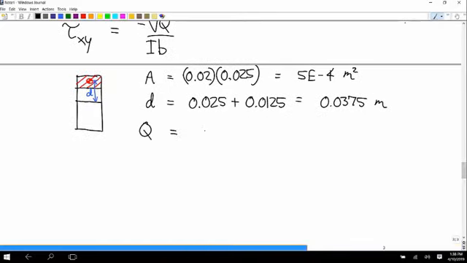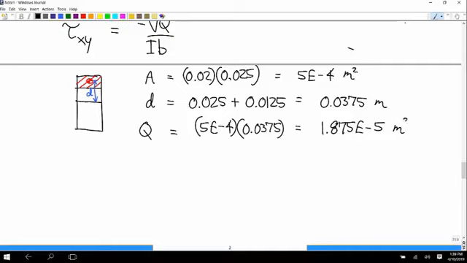And so Q is 5 times 10 to the minus 4 times 0.0375. And what do you get for that? Okay. And the units, that's meters cubed.